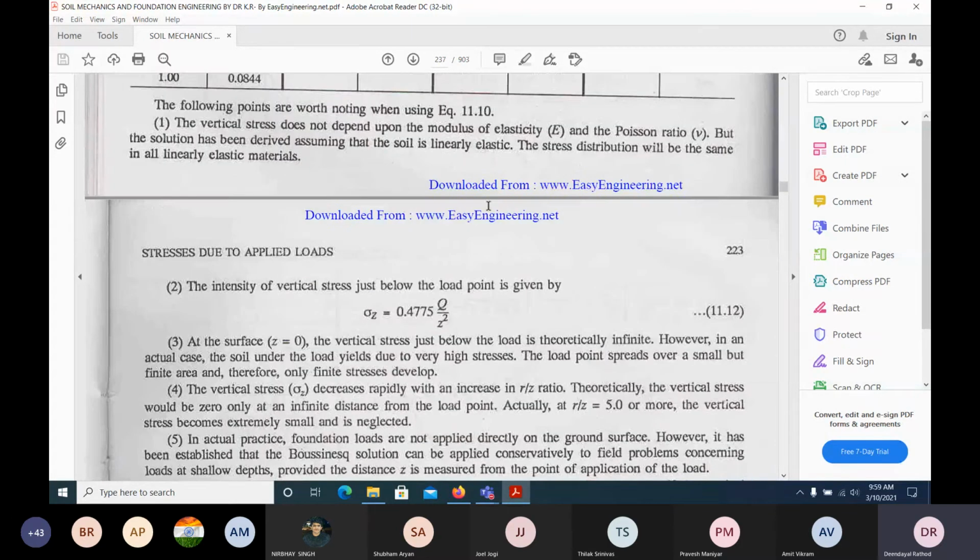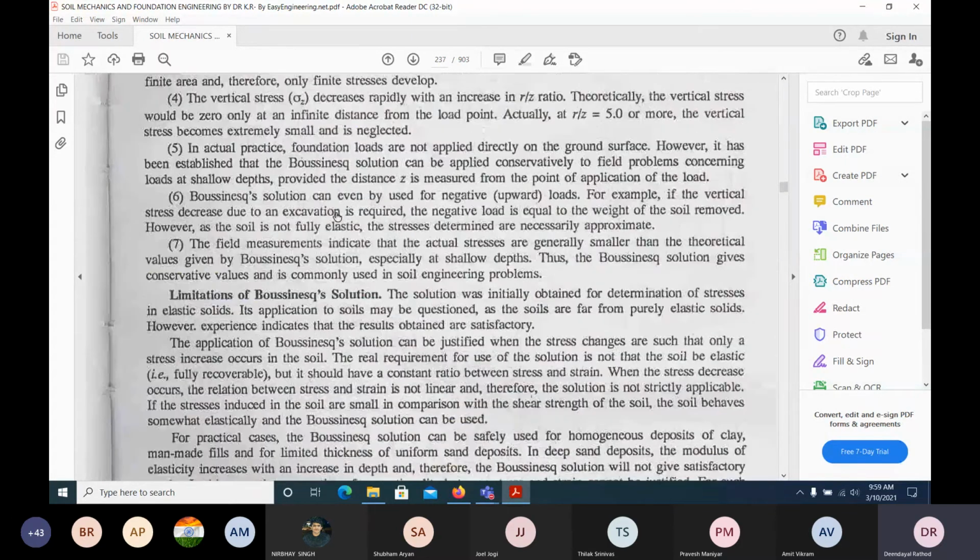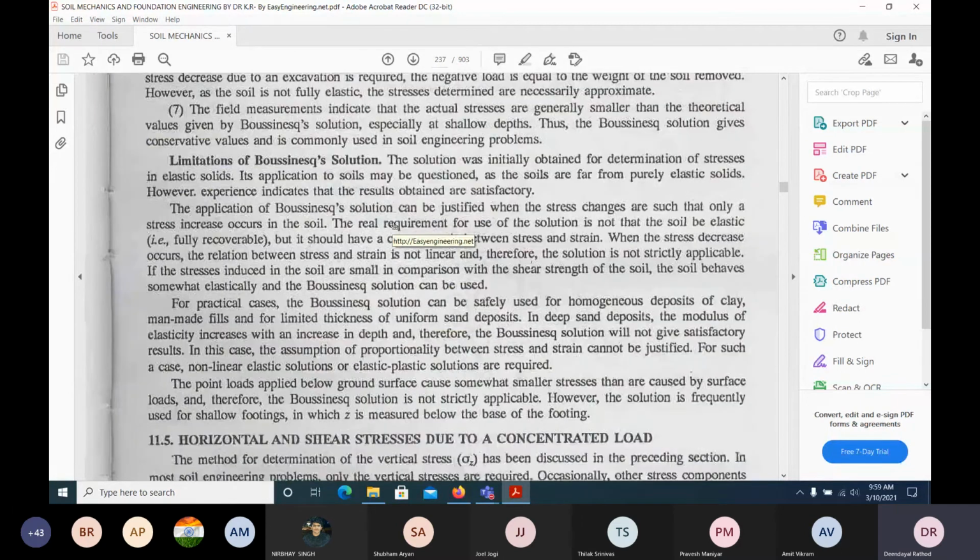So there are limitations for Boussinesq's equations also. The solution was initially obtained for determination of stresses in an elastic solid. Its application to soil may be questioned, and there are some limitations given.